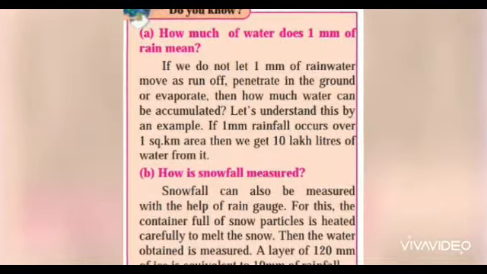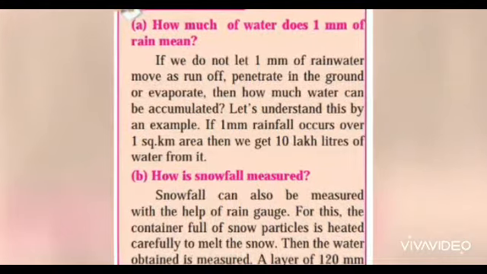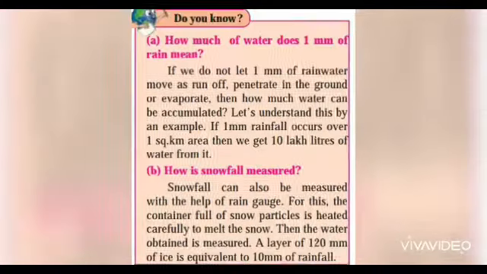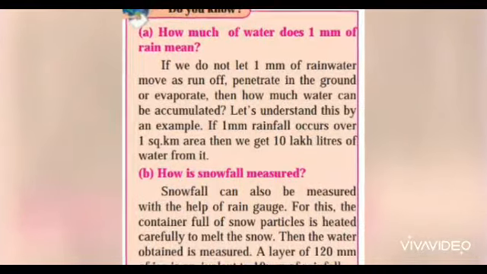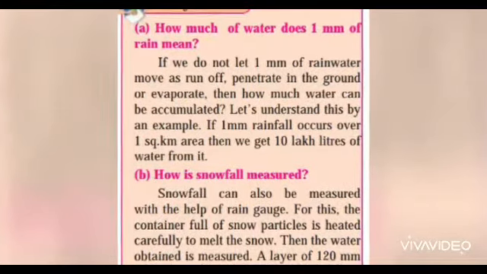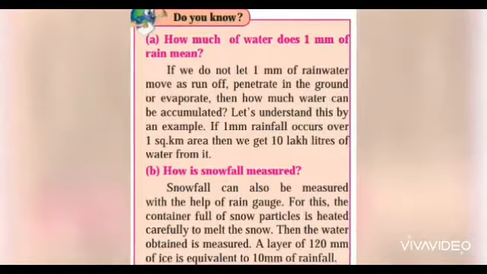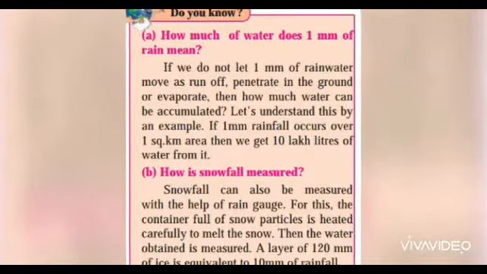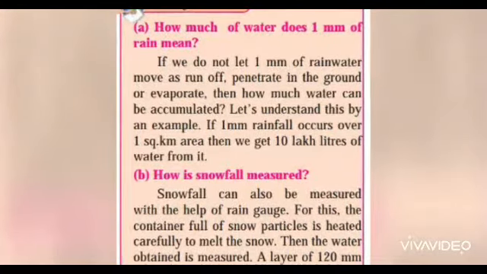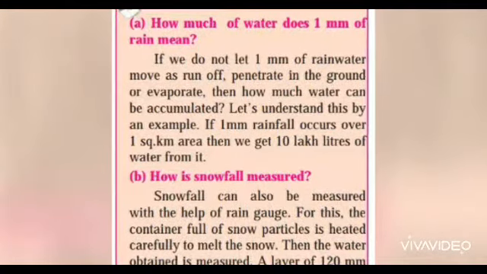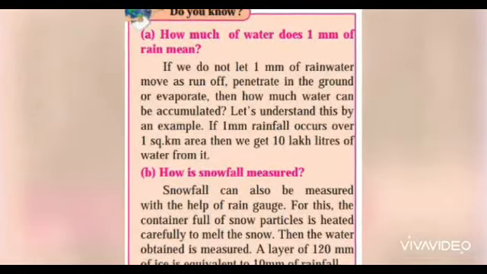How is snowfall measured? Snowfall can also be measured with the help of a rain gauge. For this, the container full of snow particles is heated carefully to melt the snow.